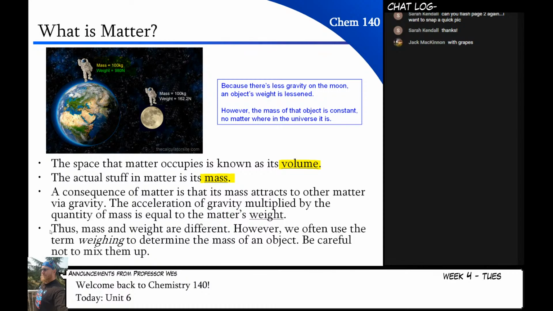You may have heard of this formula in a physics context: F equals ma, where a is the acceleration due to gravity. This right here is your weight, which is a force.